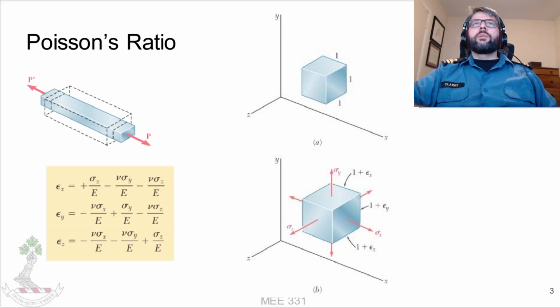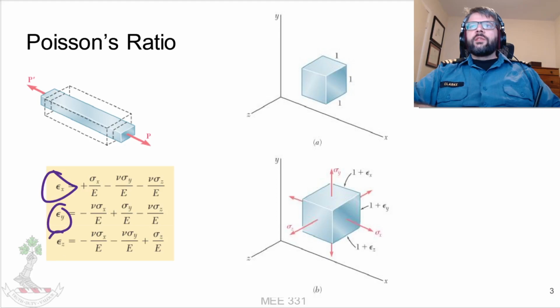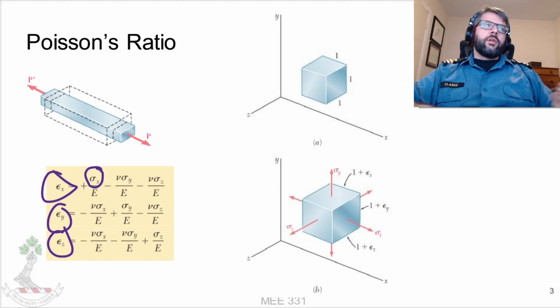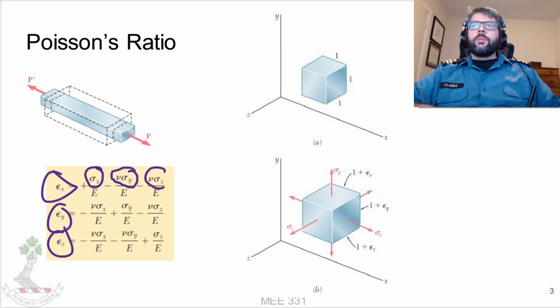So when we're calculating our strains in a particular direction, that's going to be a function of the induced stresses in that direction, divided by the Young's modulus, of course, and also the Poisson's ratio and the induced stresses in the other directions.